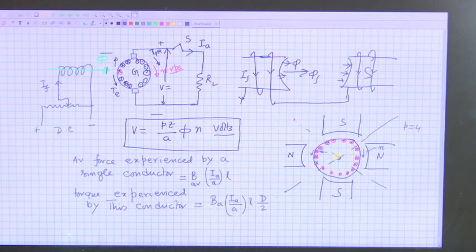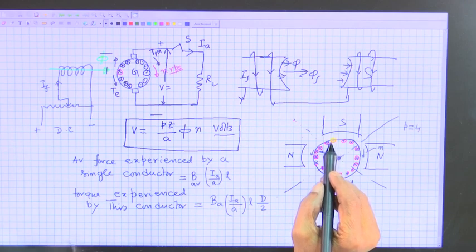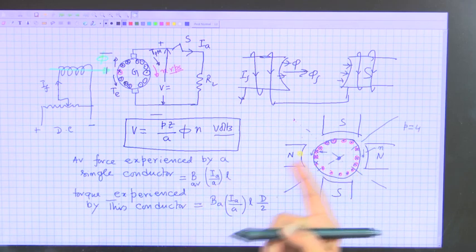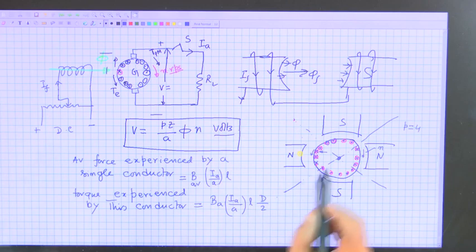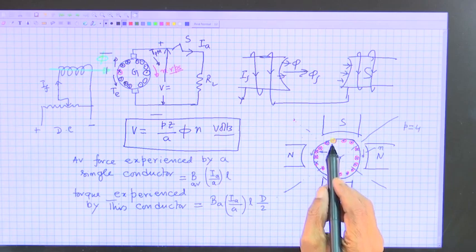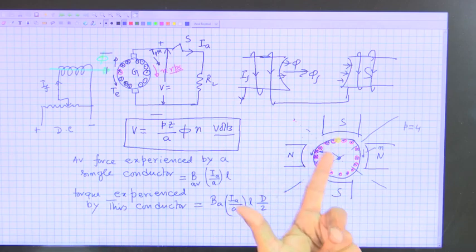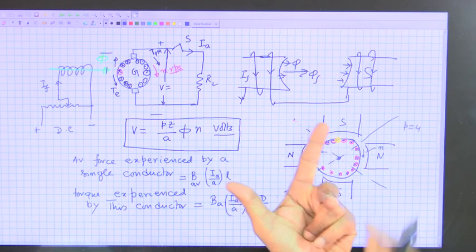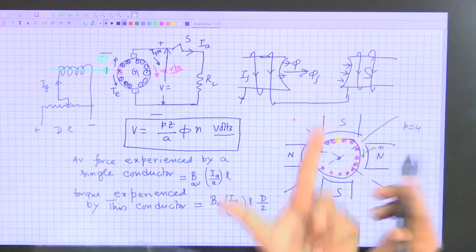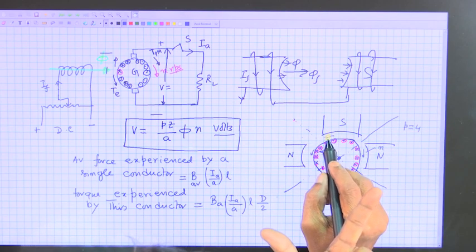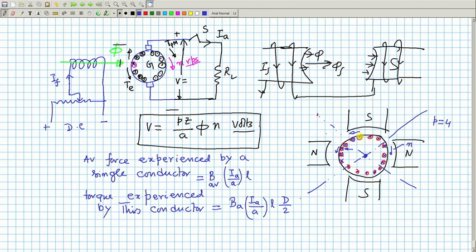The interesting point is that it is true for all the conductors. If it is here under the south pole, it will see once again the same B average. And what will be the direction of the force on this conductor, dot, south pole? Left hand rule. So, the forefinger is the direction of the current. It will also experience a force like this. What will be the torque contributed by this conductor? This into d by 2. What about this one?